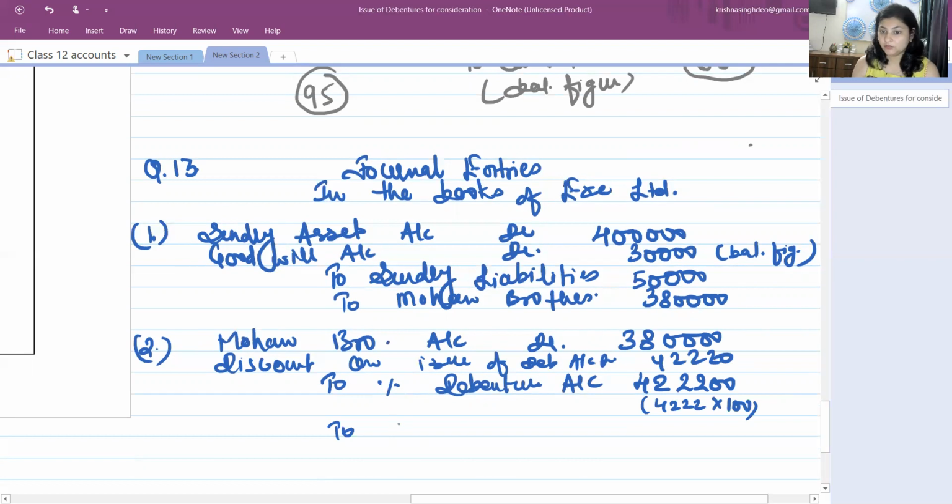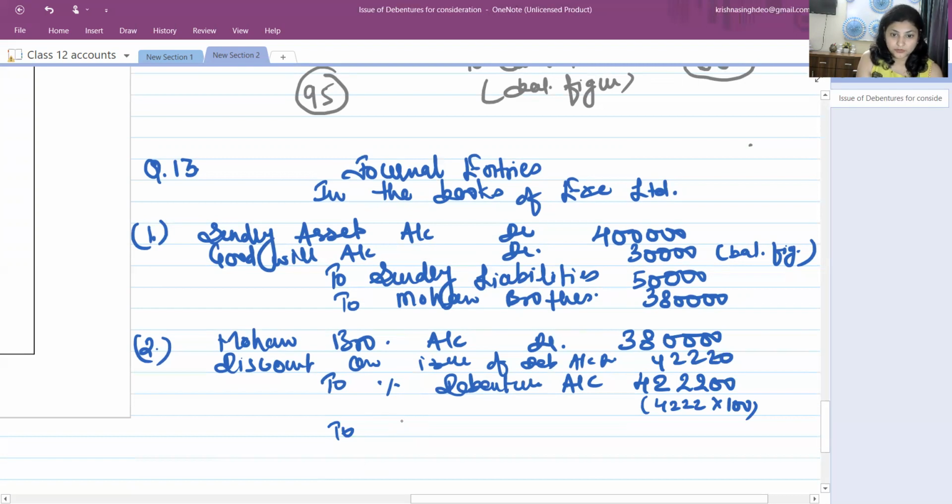Whereas if we see down, the credit side is 4,22,200. So 3,80,000 plus 42,220 is 4,22,220, minus 4,22,200. Yes, a 20 rupees difference is coming.